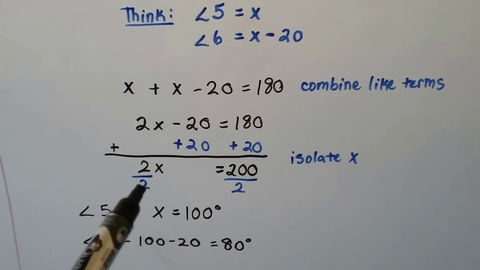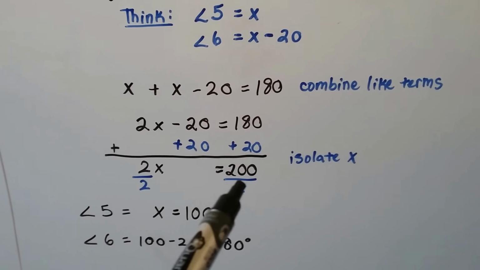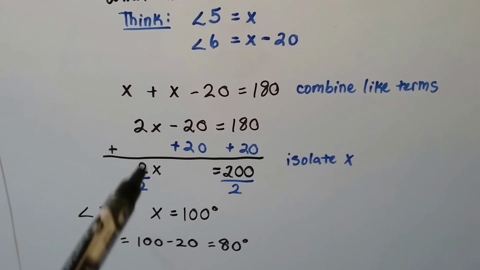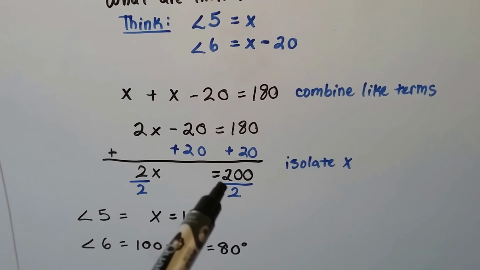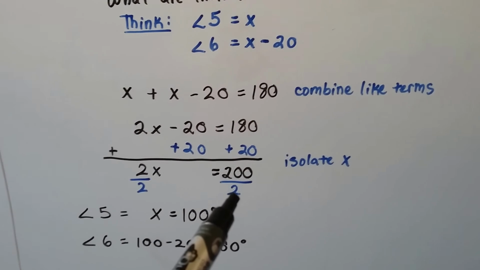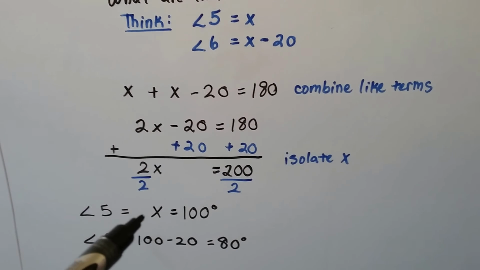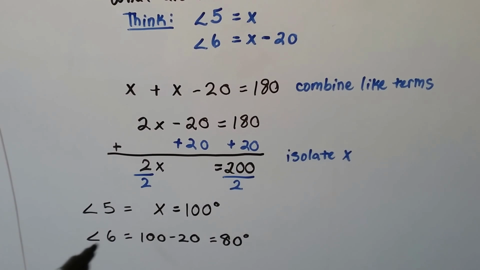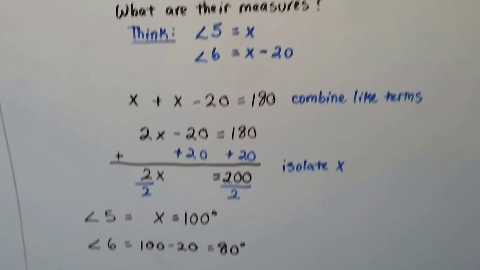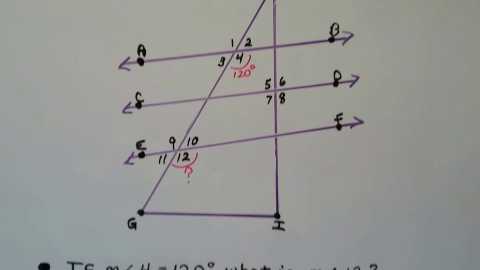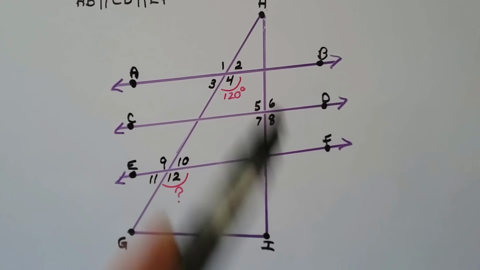We need to isolate the x further, so we divide both sides by this 2 coefficient. We get 1x is equal to 200 divided by 2, which is 100. So we know angle 5 is 100 degrees, and if angle 6 is 20 less, it must be 80. So now we know the measures of angle 5 and angle 6.